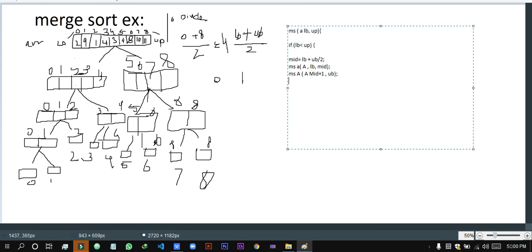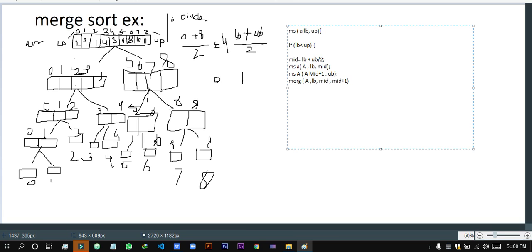After that, whatever I am going to write is the most important formula which will help to merge. Okay, merge, I'm going to say merge array A, lower bound, mid and mid plus 1.